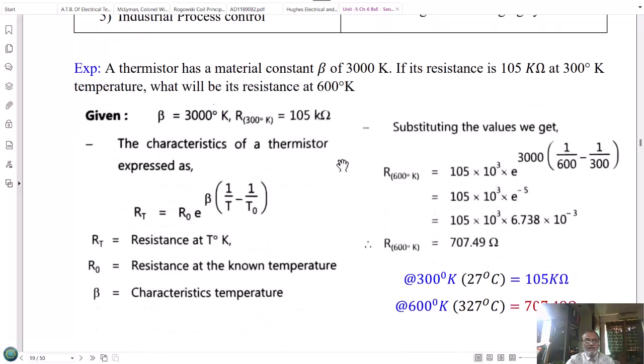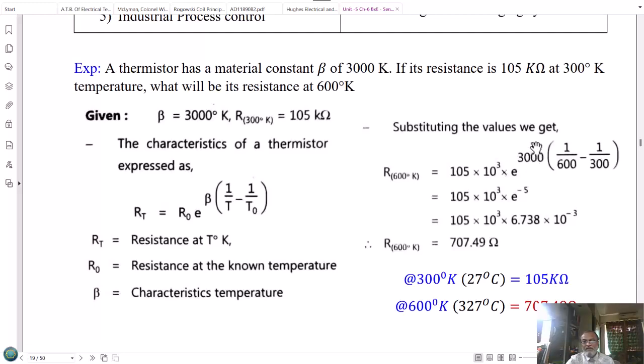We have the expression RT is equal to R0 into e raised to beta in bracket 1 by T minus 1 by T0. Substitute the values. R0 given at 300 degree Kelvin is 105 kilo ohm, that is 105 into 10 raised to 3 ohm.